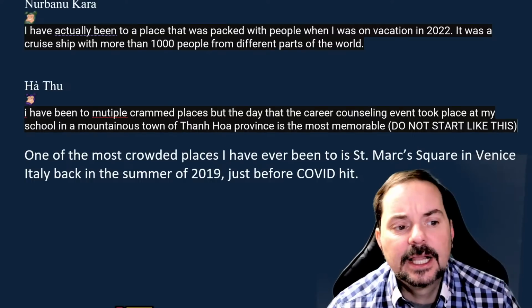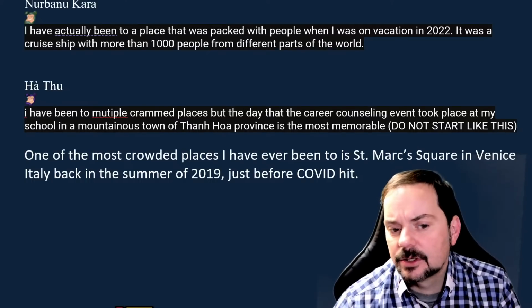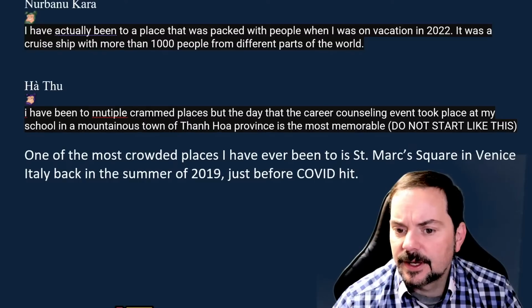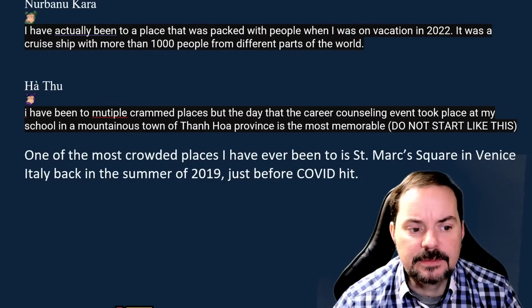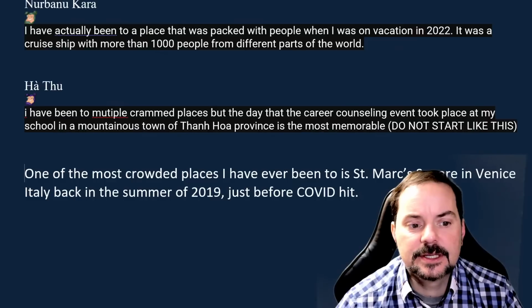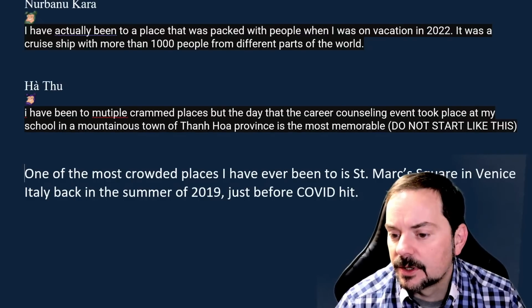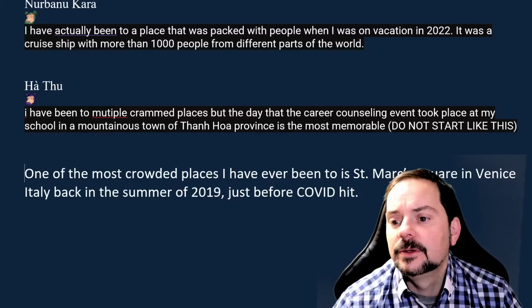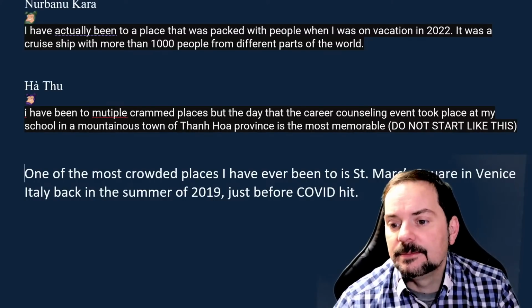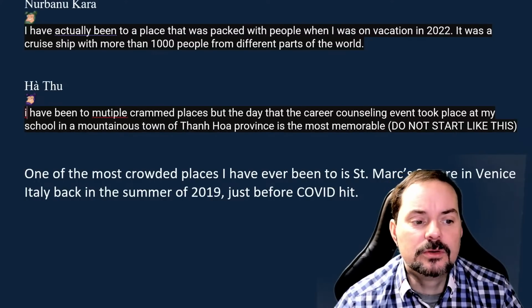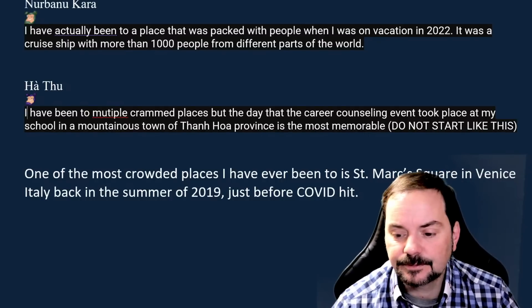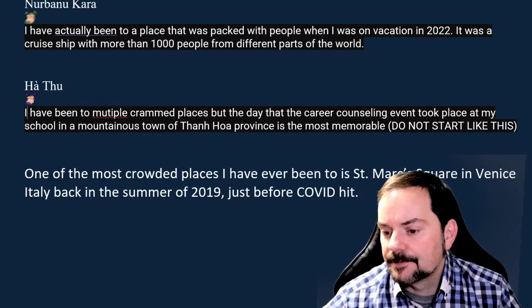Can everybody tell Ha why this isn't a good way to start? Okay, so it's not just me that's always saying this. So many students who are learning regularly, some of you who have taken the IELTS or who know about people who have taken the IELTS, can you explain to Ha, please, why this is not a good start?